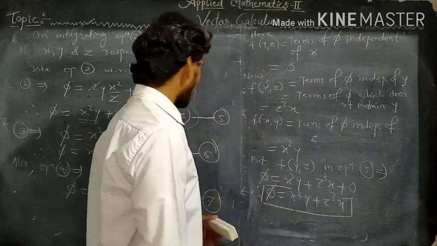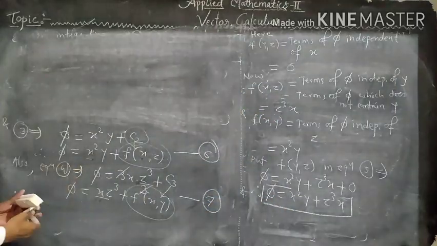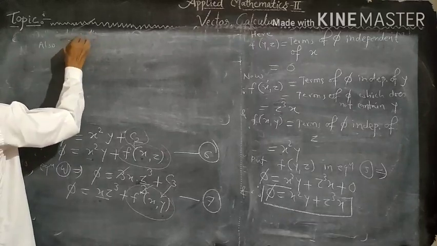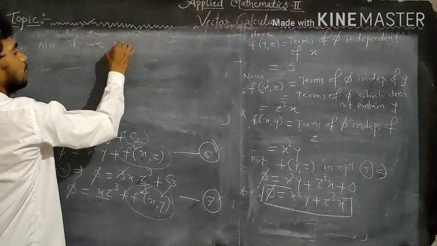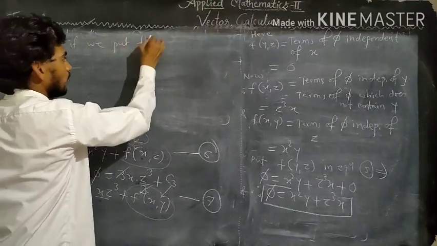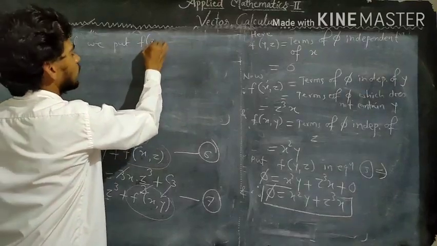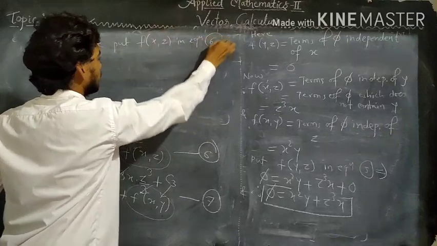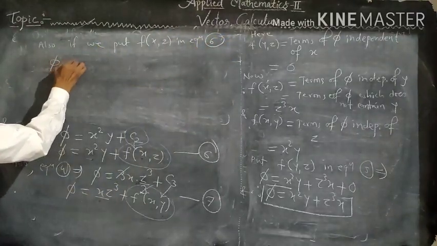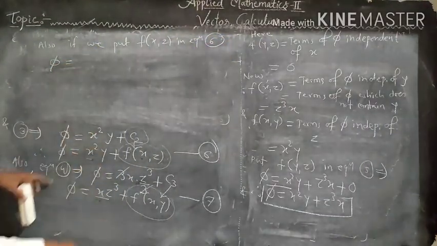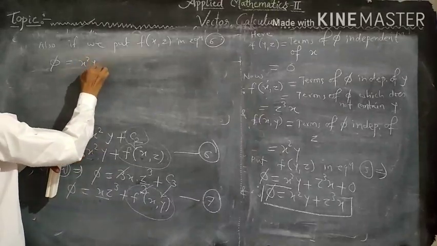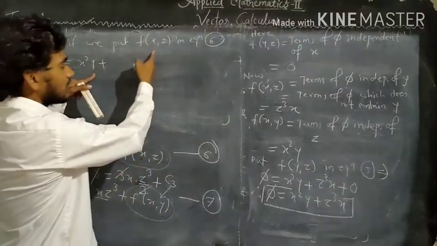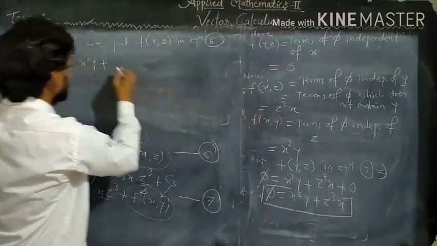is the required solution. Also, if we put f of x comma z in equation 6, we will get phi equal to x square y plus f of x z, which is z cube x.